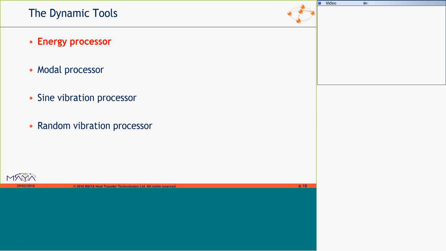The processor allows you to do that, and the energy processor helps you understand what your structure participates in each mode. If you're analyzing a single part, it's not a big deal, but if you're analyzing an assembly, and you want to understand which part of the assembly is responding, or which part is being strained as a function of the response, then the energy processor can be very interesting.